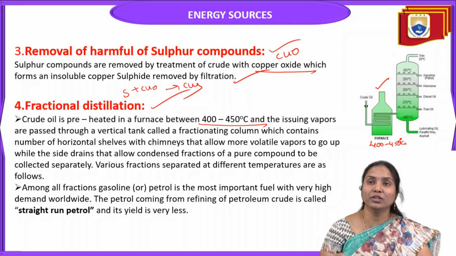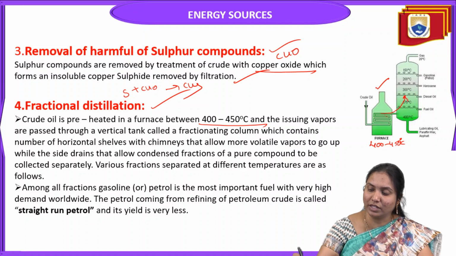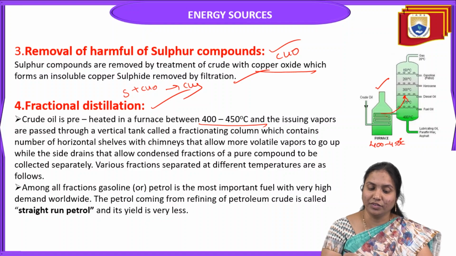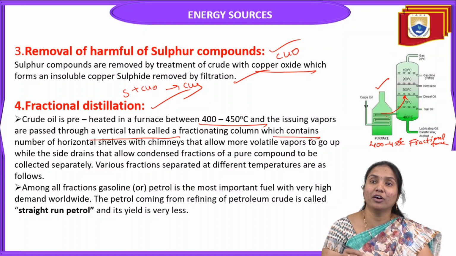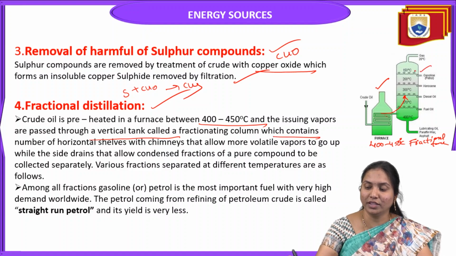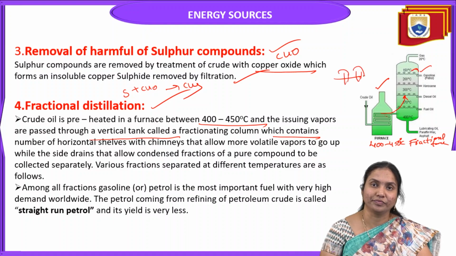These vapors are passed through a vertical tank called a fractional column or fractional tank, which contains a number of horizontal shelves with chimneys.